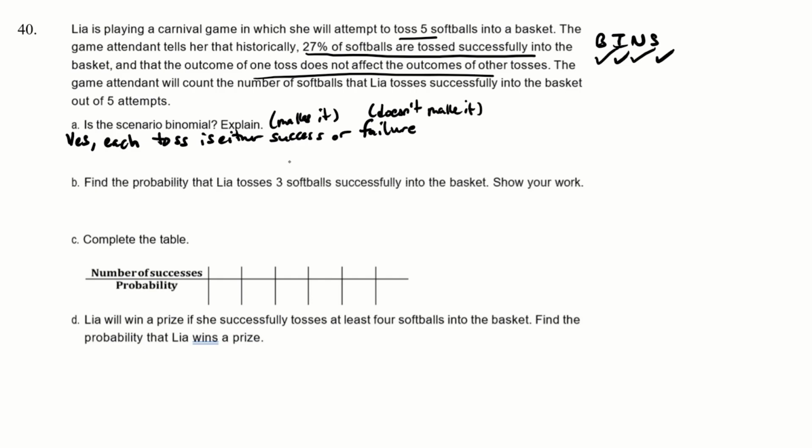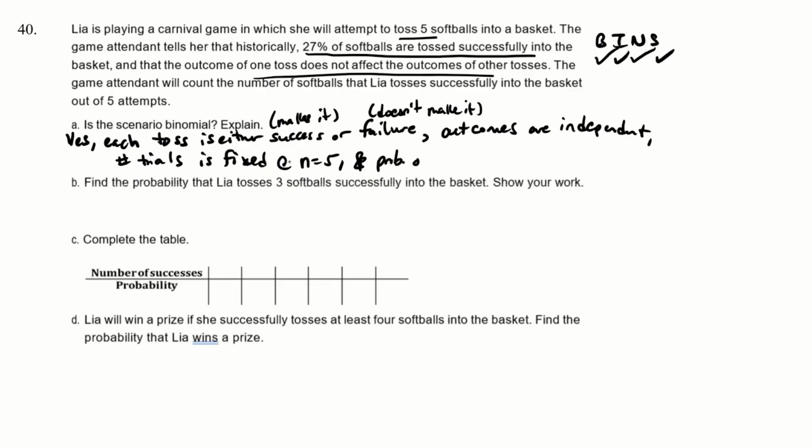The outcomes are independent. Number of trials is fixed at n equals 5. And the probability of success is the same. P equals 0.27.